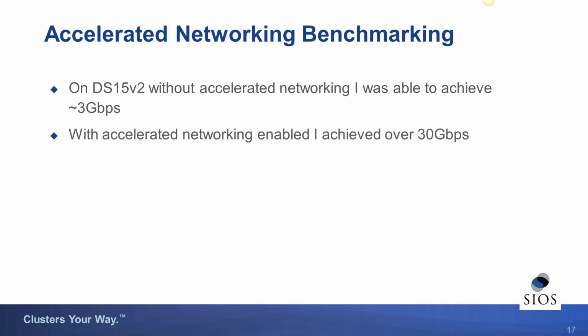And what I found is very true. Without accelerated networking enabled, and this goes across most instance sizes, you have about 3 gigabits per second. Now, Microsoft currently does not advertise or promise any sort of network speed between instances.